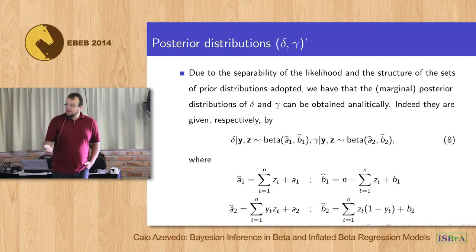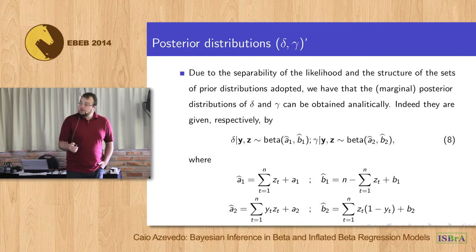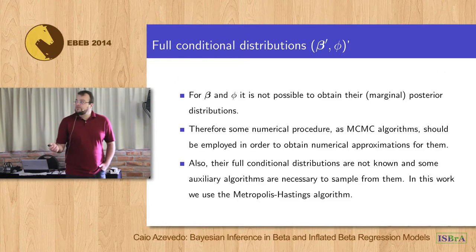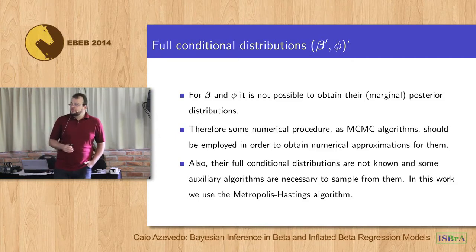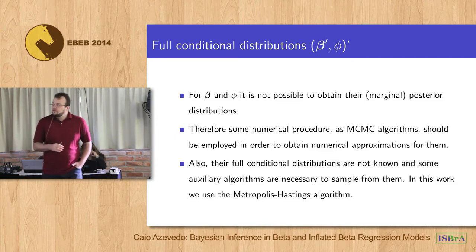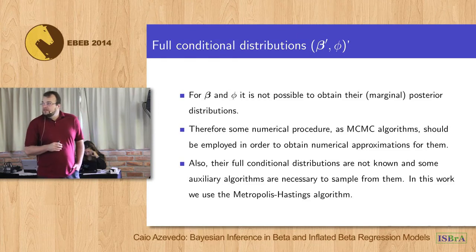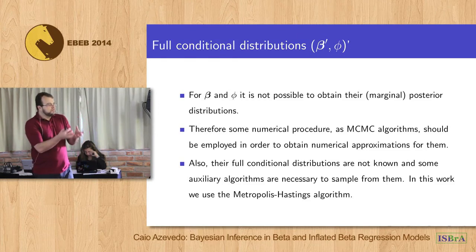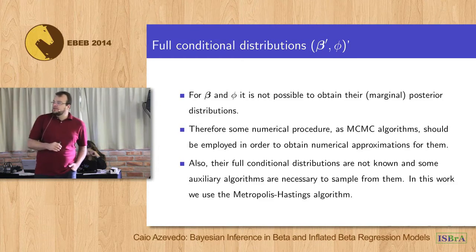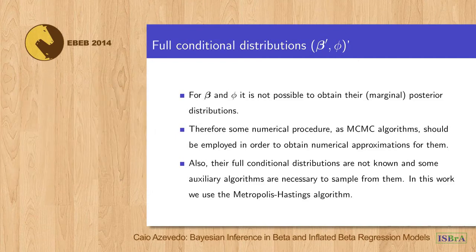And they are beta distributions as well, like the prior distributions, with these hyperparameters. But for beta and phi it is not possible to obtain their marginal posterior distributions. So in this work we use MCMC algorithms, and unfortunately it's not possible even to obtain a closed form for the so-called full conditional distributions for beta and phi.